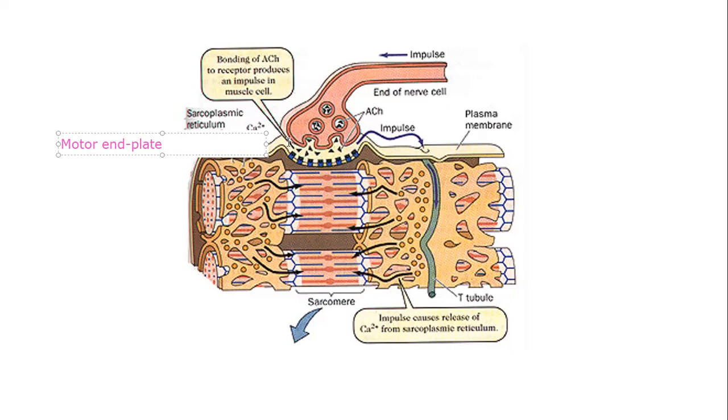The difference is when we have this depolarization of the muscle cell, this will be transmitted interiorly into the muscle fiber. So the membrane potential is not just flowing on the surface of the muscle fiber. It also penetrates deep into the muscle cell. And it will initiate the events of muscular contraction.